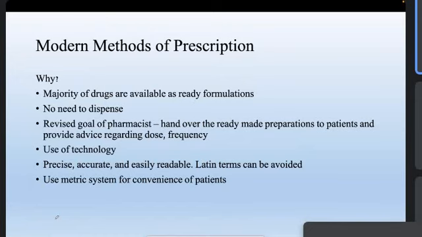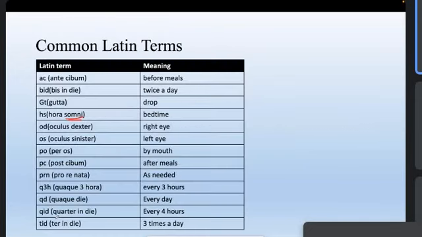Okay, so can anyone tell me what is a modern method of prescription? E-prescription. Okay, e-prescription, yes. Anything else? Correct, the e-prescription is very right, but there is another thing also.